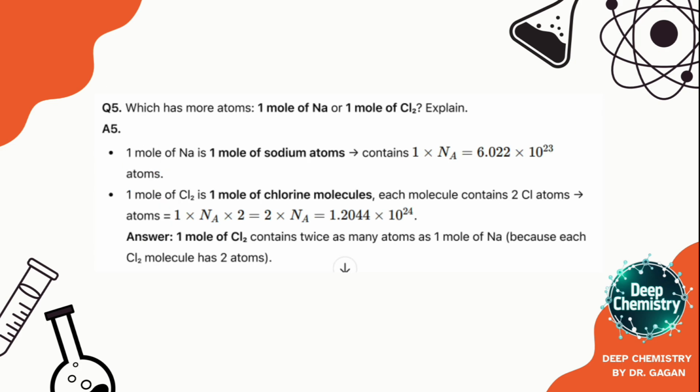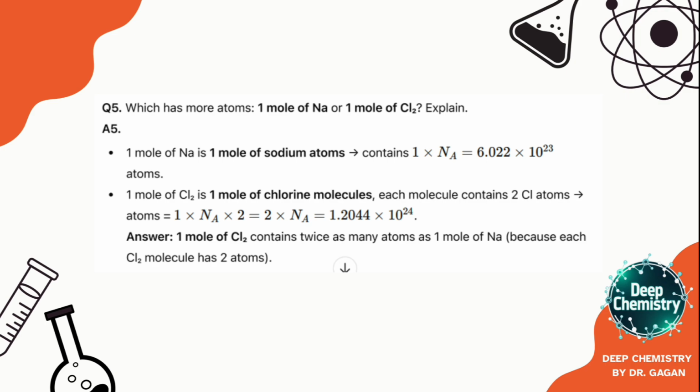Question number 5. Which has more atoms, 1 mole of sodium or 1 mole of chlorine? So 1 mole of sodium contains 6.022 × 10^23 sodium atoms. 1 mole of chlorine gas Cl2 contains 6.022 × 10^23 molecules, and each molecule has 2 atoms.